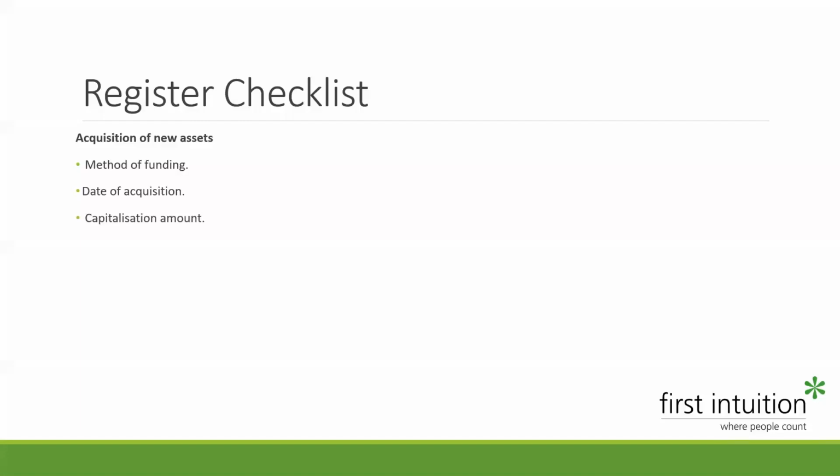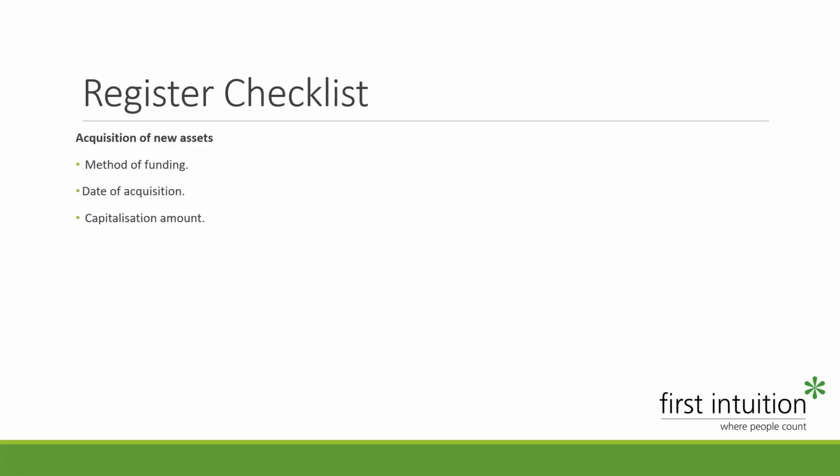Capitalization amount. Now, of course, this is where the register in its own sense becomes a little bit trickier. As we've just covered those figures, I can never say never, but I'm incredibly confident that you won't just be given an asset with its cost and no other figures that you need to consider. If that happens in your exam, you are incredibly lucky.